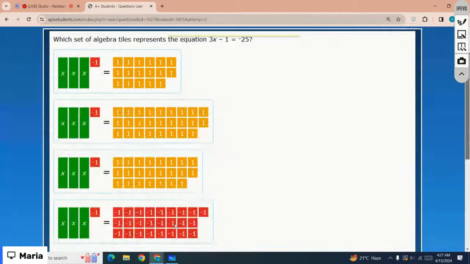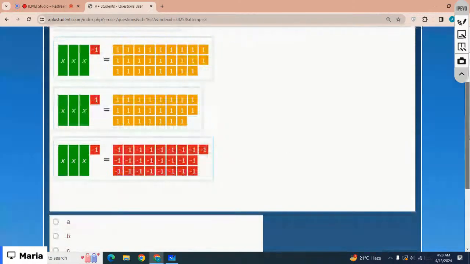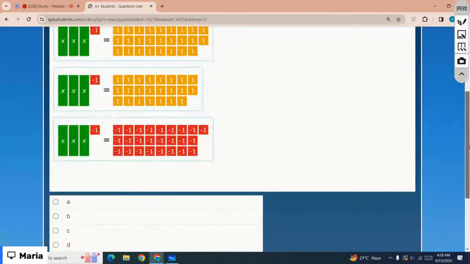Because here you can see you have the negative 25, right? The last one is the correct option, right? Option number D is the correct option.